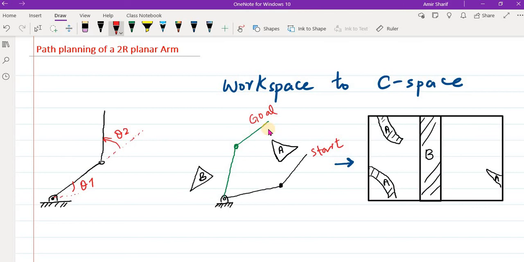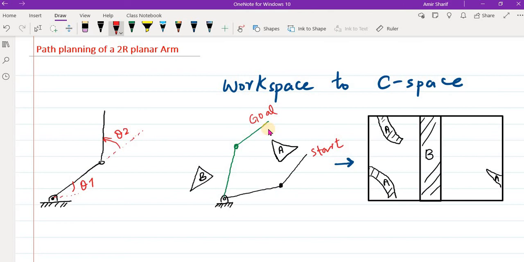This will be the process, but the important thing is that there should be no collision between the end effector and the obstacle, and also no collision between the links of the robot and the obstacle.